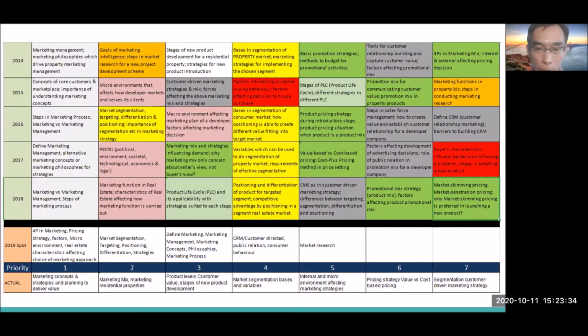I put this slide here to tell you that the marketing subject, compared to other subjects, is not like taxation, where every year you may have a new budget, and you are answering a question related to the changes in the 2019 budget passed in parliament.